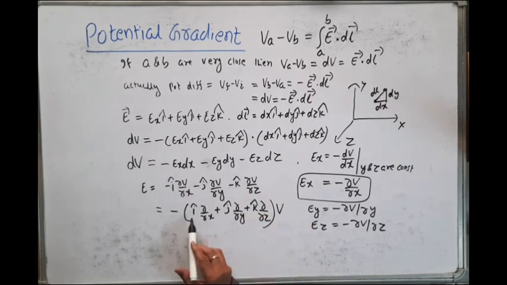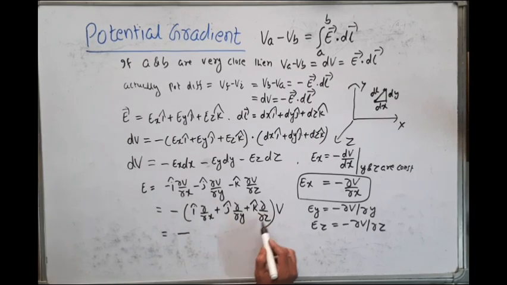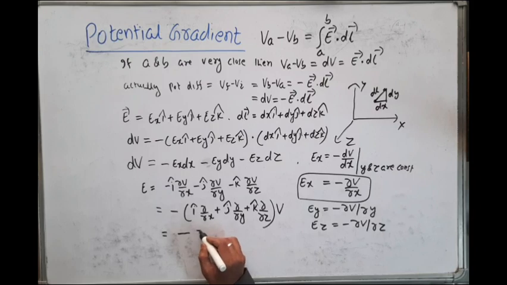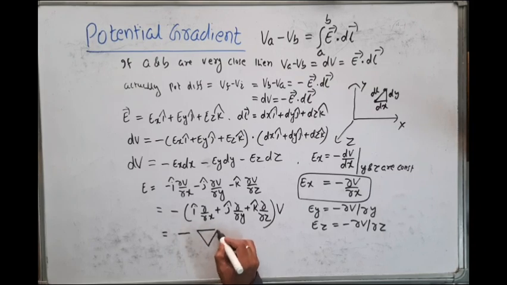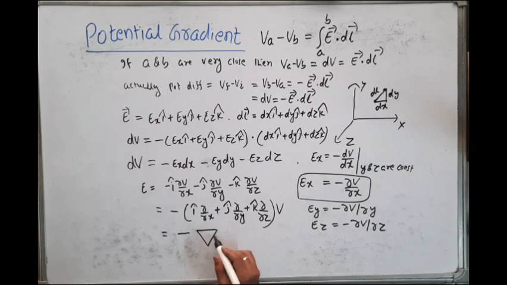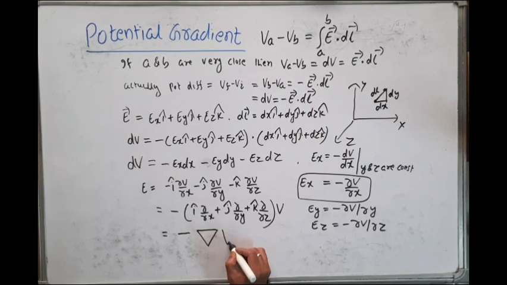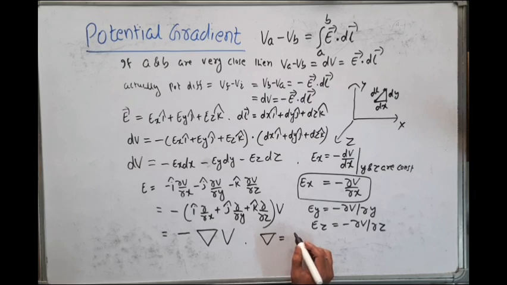So this expression is correct. That is equal to minus this term, and this total term is a function represented by the inverted delta, multiplied by V. What is this symbol? It is nothing but i cap dou by dou x, j cap dou by dou y, k cap dou by dou z. This is called grad.